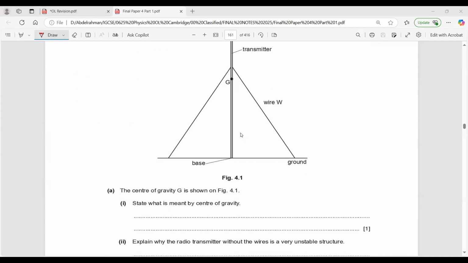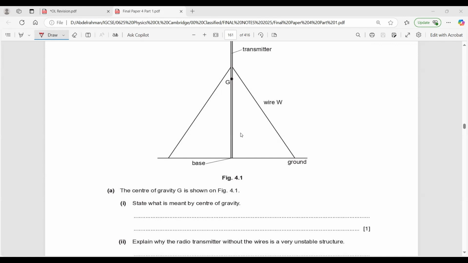He needs you to write down what is the center of gravity. What is the center of mass? I've been saying center of mass, center of gravity, center of weight. What is the center of weight? It's a point at which all of the mass or all of the weight acts. Not all of the mass or weight is exactly at that point, but you can consider all of the weight to act at that point.